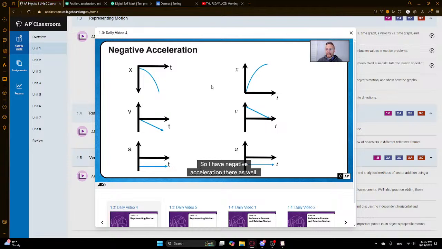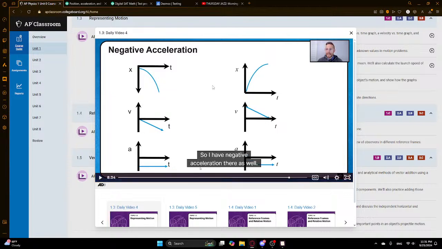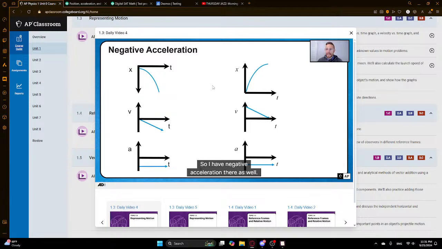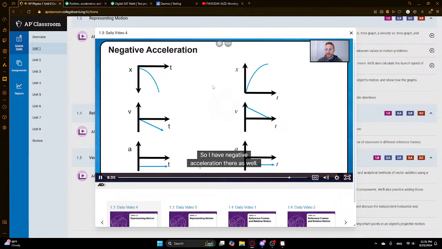If it's positive, velocity gonna be same. Negative acceleration there as well.